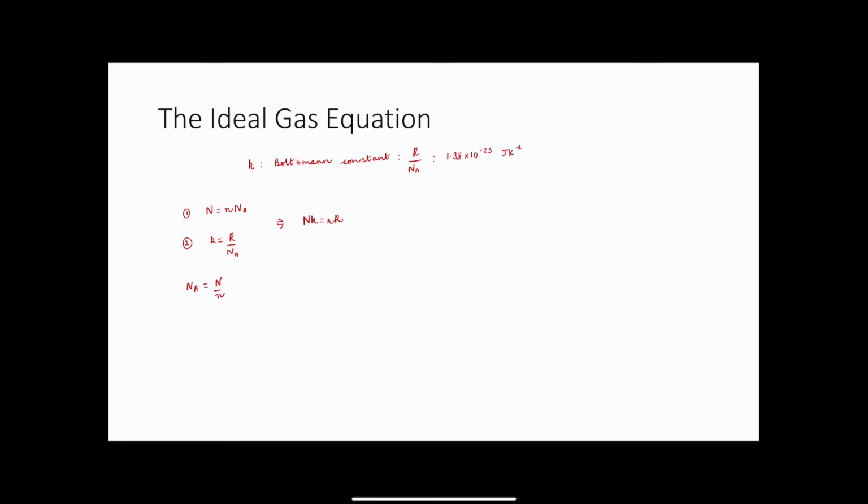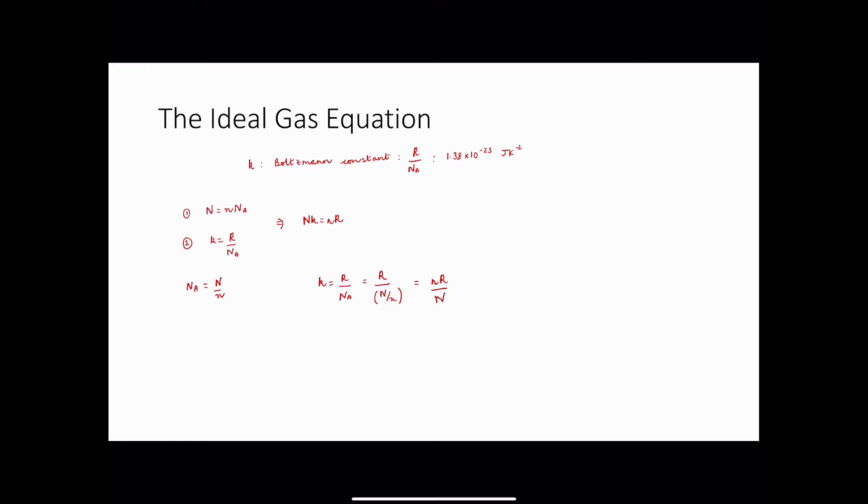And if we substitute that rearranged equation into equation 2, then we will see that k is equal to R over NA, which is equal to R over N over little n, which gives us nR over N.